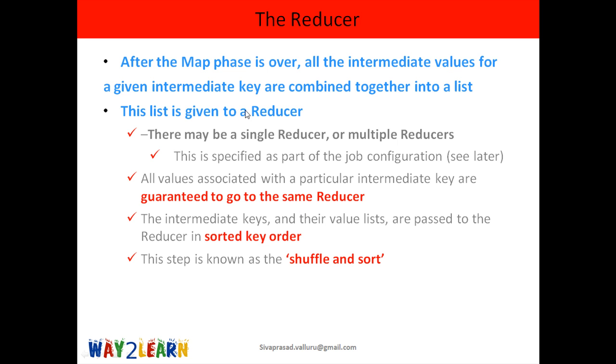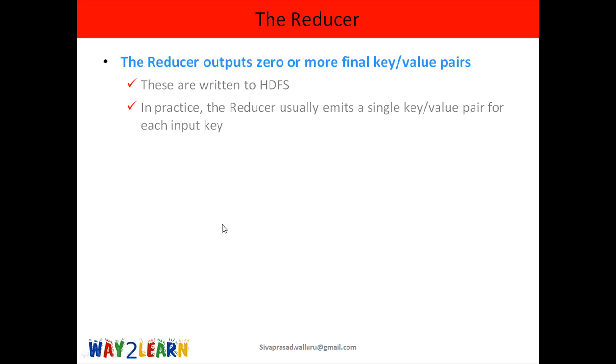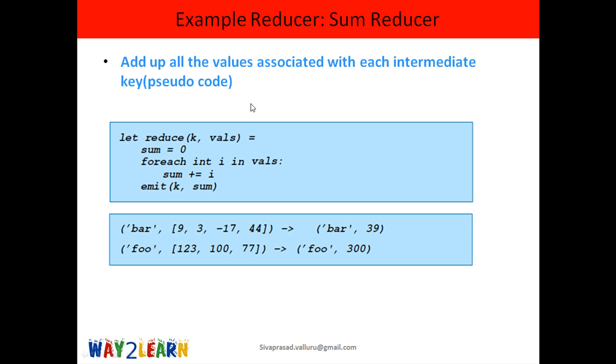And as we understood, after the map phase is over, all the intermediate values are given to reducer as a list. So we have discussed all this shuffle and sort already. So the reducer outputs 0 or more key value pairs, and the output of reducer is always written to HDFS.